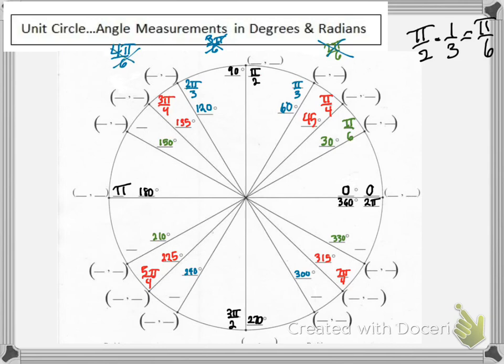That won't reduce, so I'll put it down the way it is. Then I need 6/6 of pi. Oops, 6/6 of pi. And 6/6 of pi is just the same as pi, so I don't need that. And then I need 7/6 of pi. That doesn't reduce.